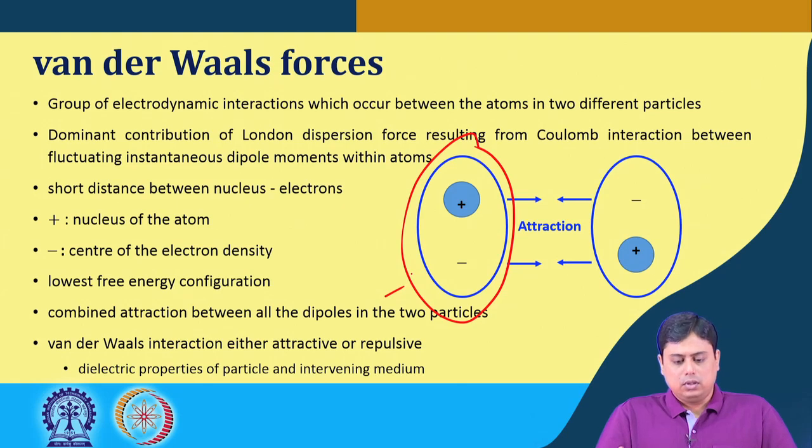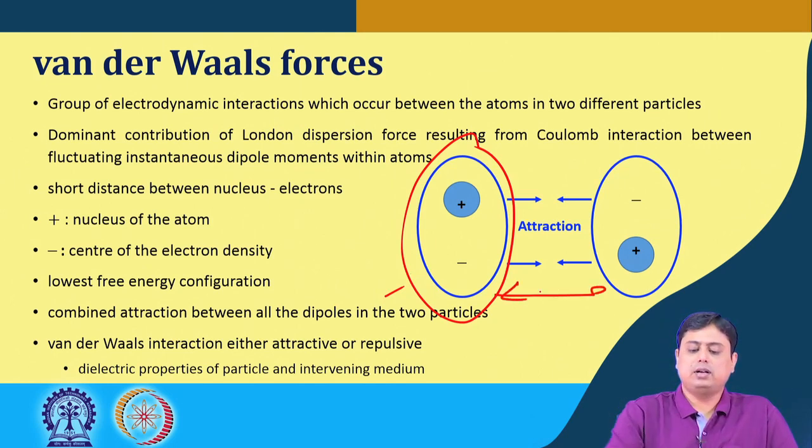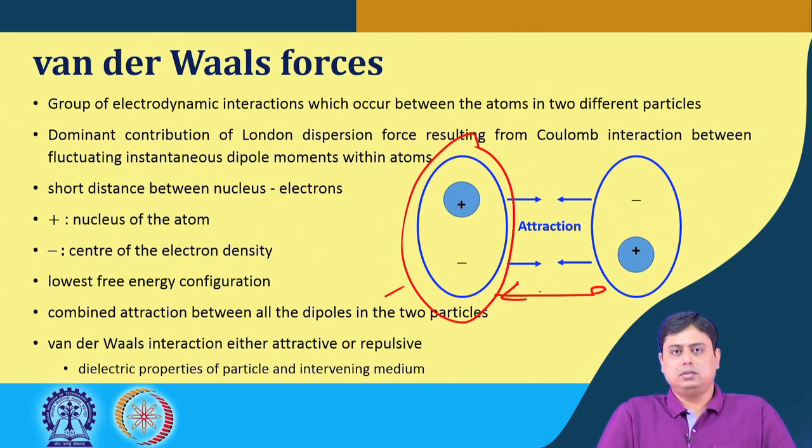Now, if the two particles are of the same material, then this kind of configuration would result in order to maintain electroneutrality. So this would be the lowest free energy configuration, and the combined interaction between all the dipoles in the two particles will create an overall attraction.